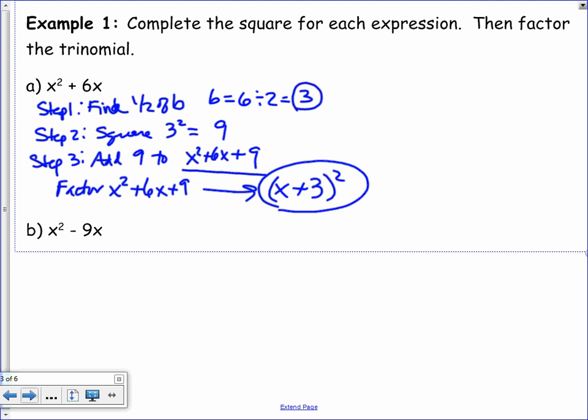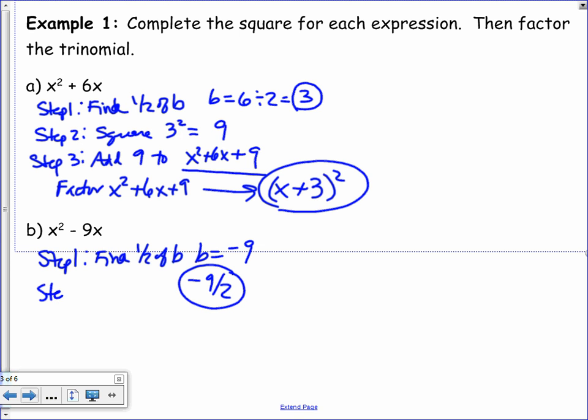Now, for part B, again, step 1 is to find half of b. Now b here is -9, so half of -9, we're just going to keep as 9/2. It's just easier to keep it as an improper fraction in this case.